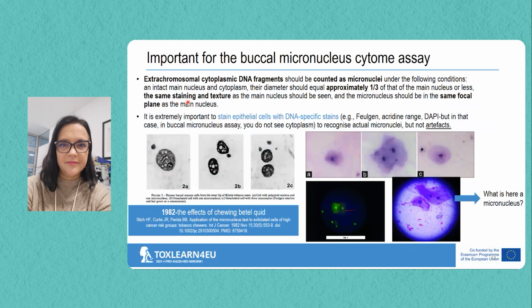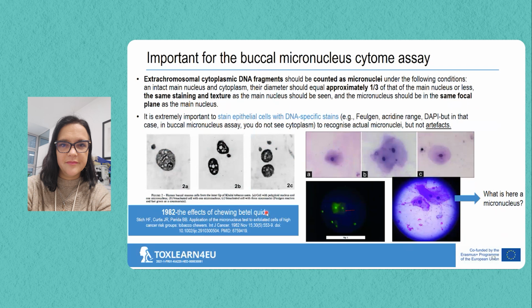It should have the same staining and texture, and it should be in the same focal plane as the main nucleus. This technique started in 1982, and this was the first published article.